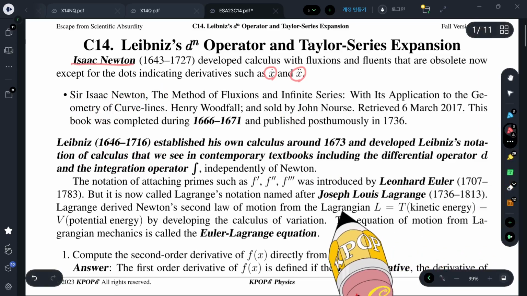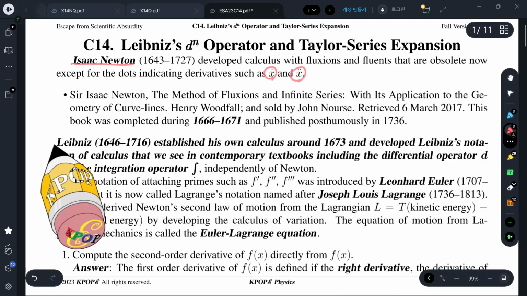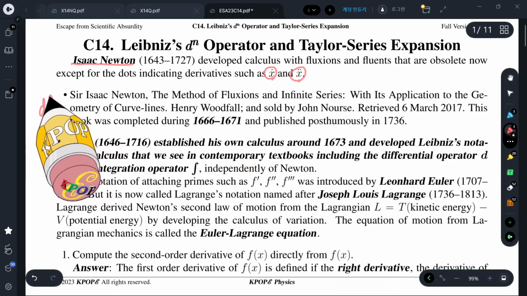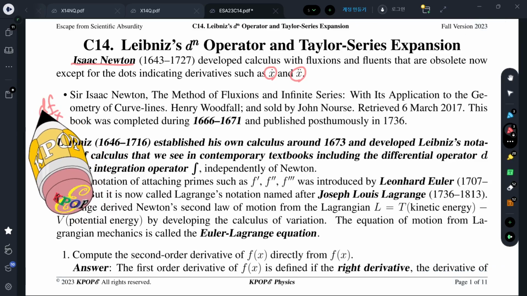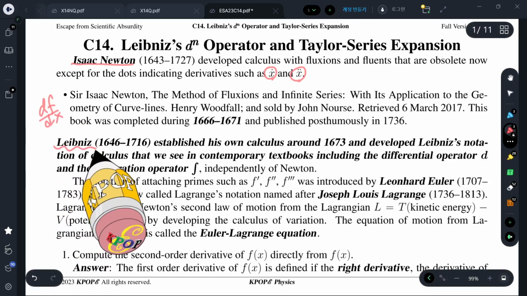And remember, we are familiar with the expression df over dx. This d expression was first introduced by Leibniz. So the British way of writing the derivative and the European, continental way are different from each other.